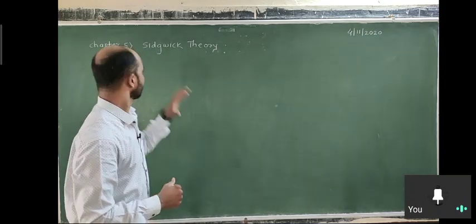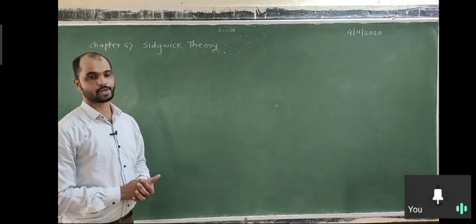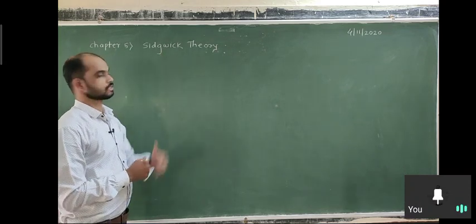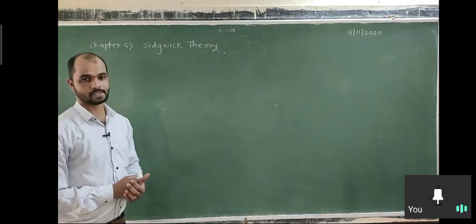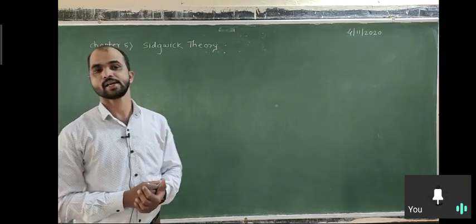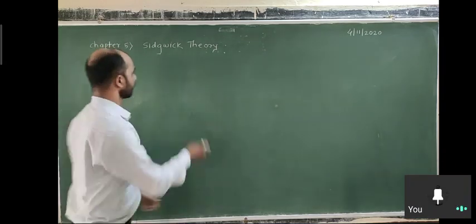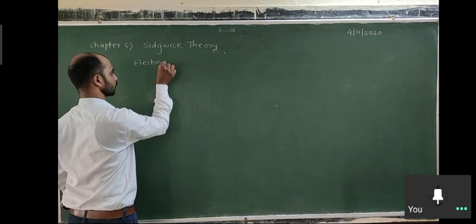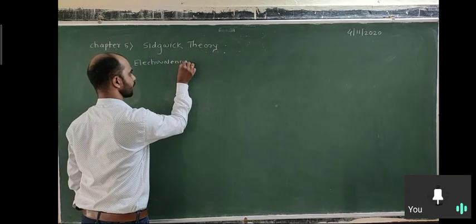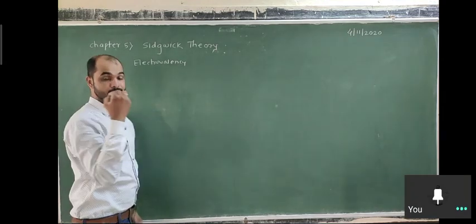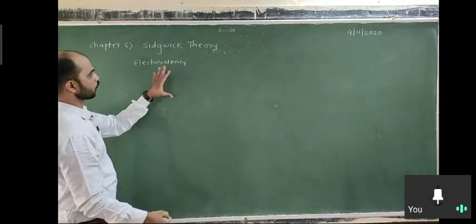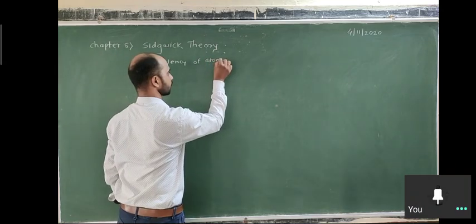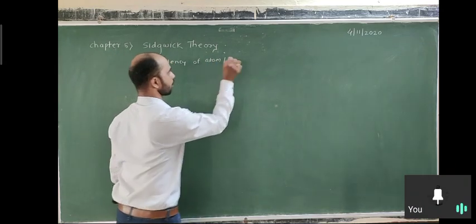In the Sidgwick theory, the Sidgwick model, Sidgwick is the scientist who proposed the theory, and it is called the electrovalency theory. It is the interpretation of the electrovalency of a metal atom or ion.